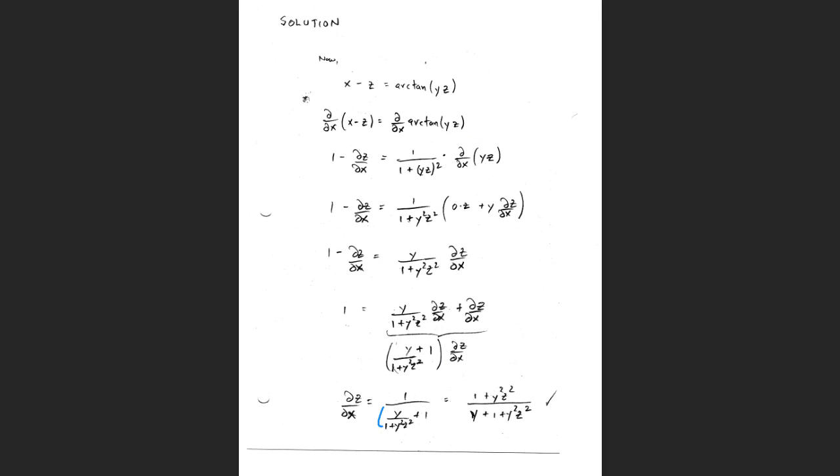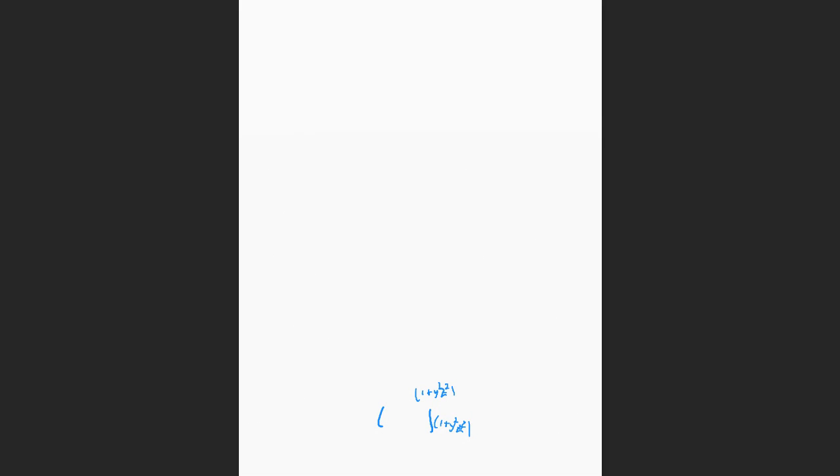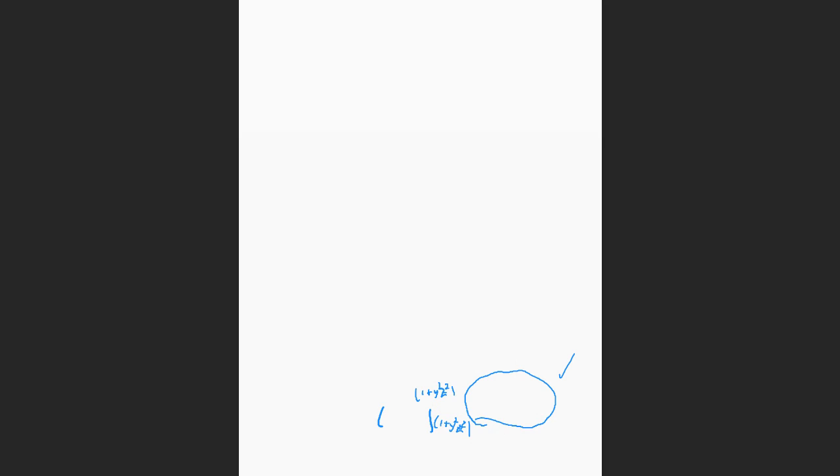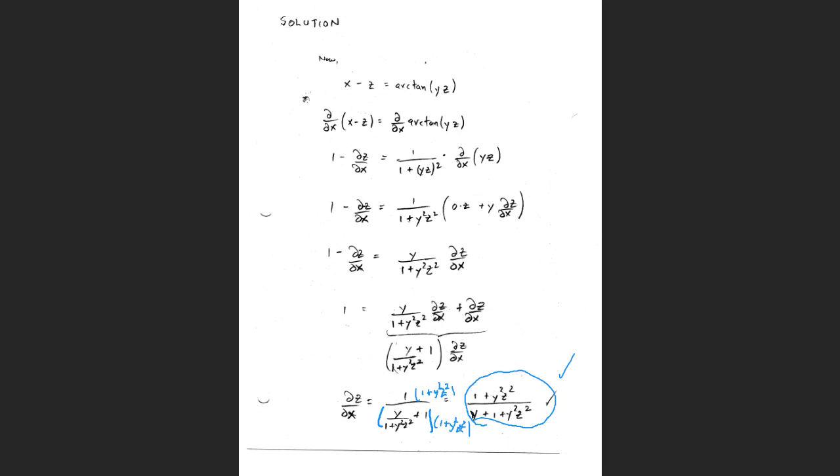So this here, if I multiply the top and the bottom by 1 plus y squared z squared, we will get this answer here. That's your partial derivative of z with respect to x.